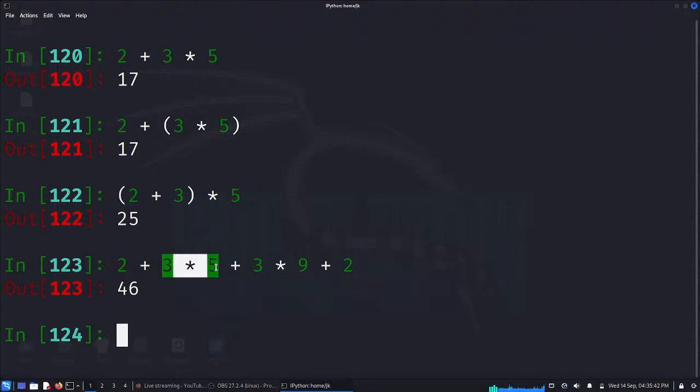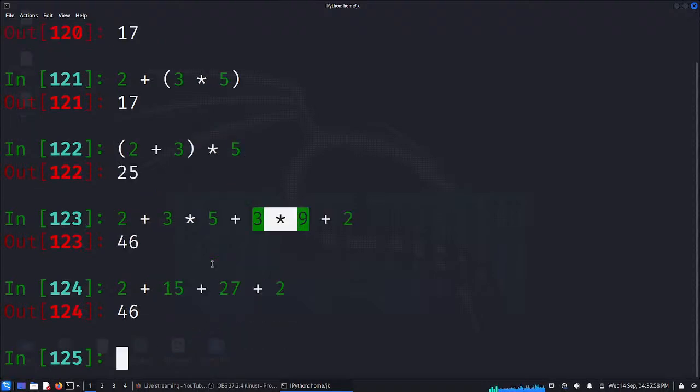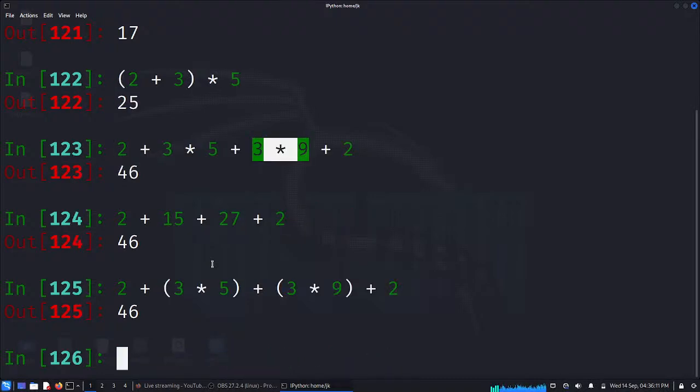So 3 times 5, again we can see that this is done first, and then 2 and 2 are added. Basically this is 2 plus 15 plus 2, right? Again, this is the way it proceeds, because the star operator takes precedence.